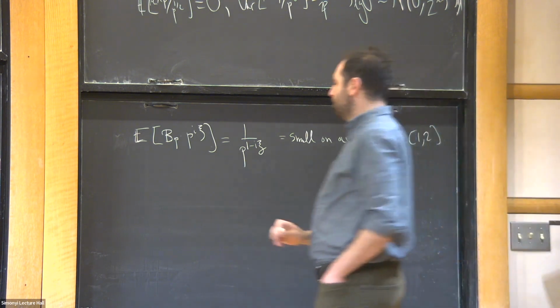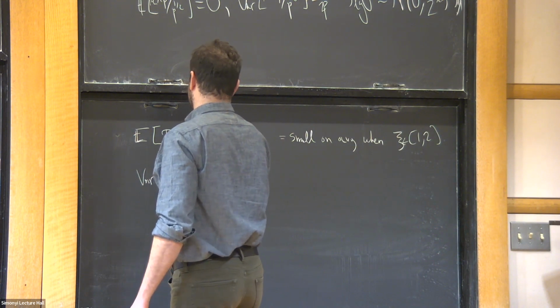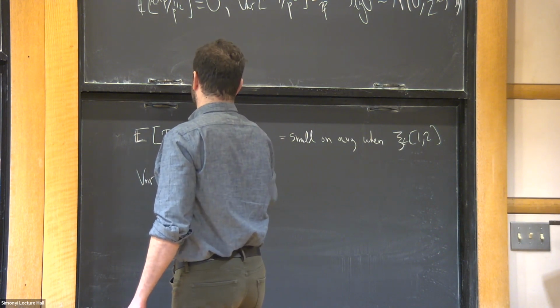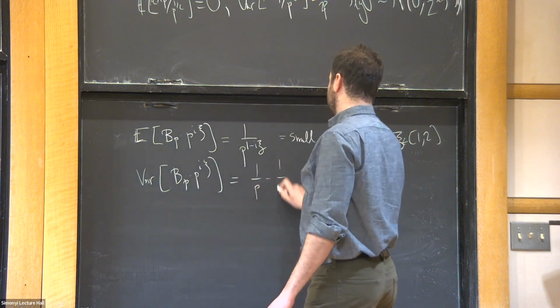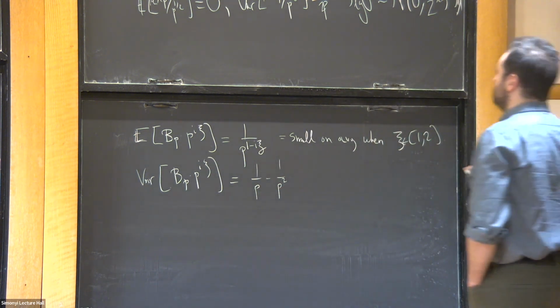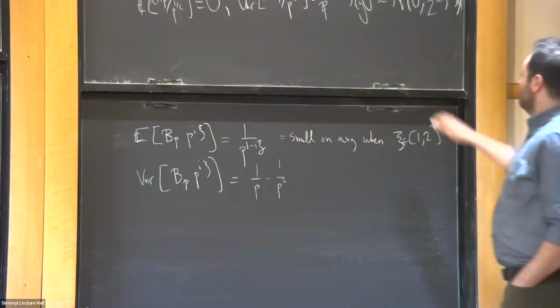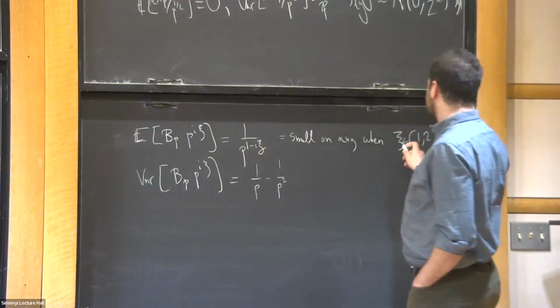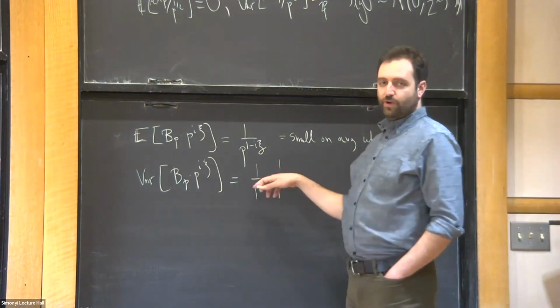And I have the variance, which is basically 1/p. Here I'm thinking about complex variance because it's a bit easier. So it has some mean value that is actually 0 in this regime, and the variance again 1/p.